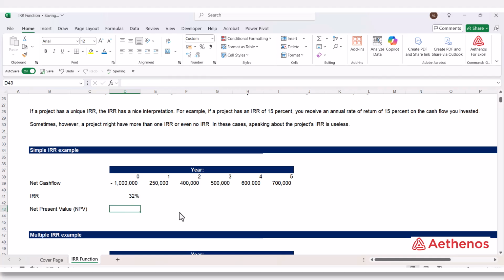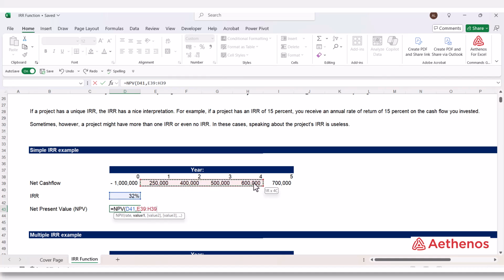If we calculate the NPV, we give the rate. We can give the IRR as the discount rate, and we use the cash flows from year 1 to 5 inside the function, and then we add the initial investment separately.